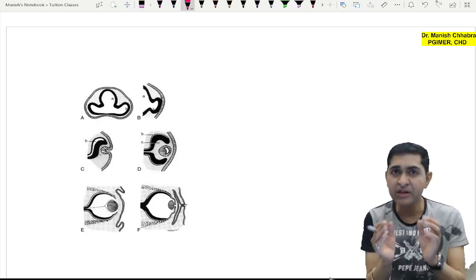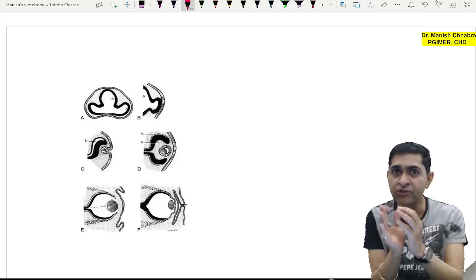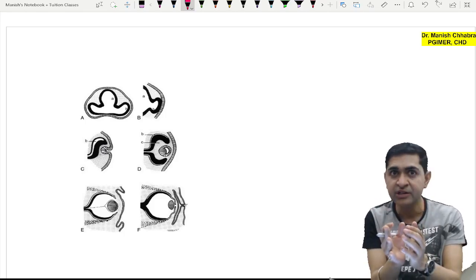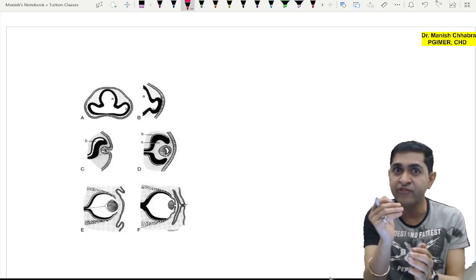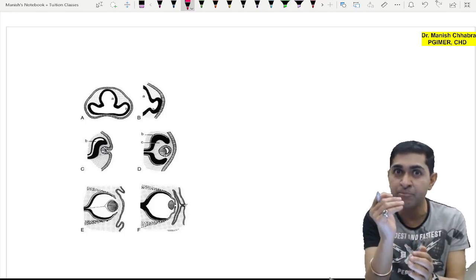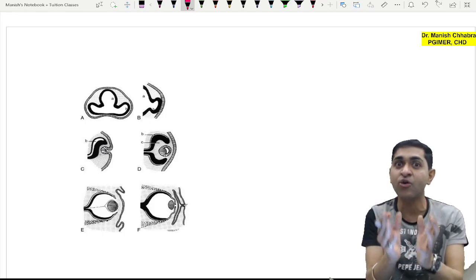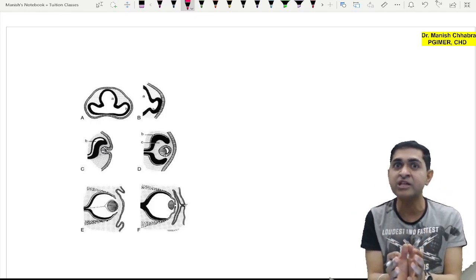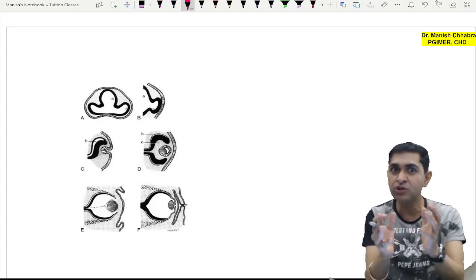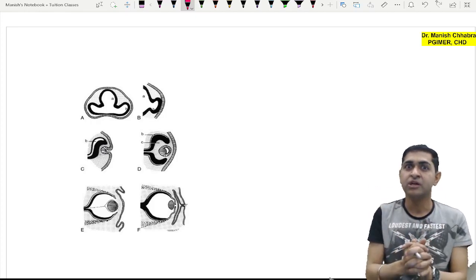If you are a fresh entrant in your ophthalmology clinics, or a fresh entrant in a prof where you have a subject called ophthalmology, you will be able to understand it pretty well and connect the dots.